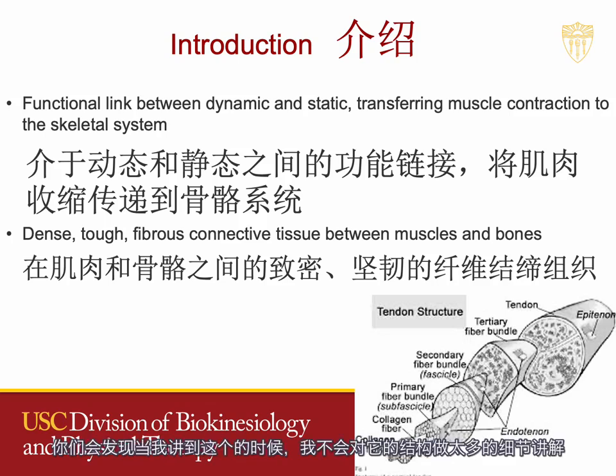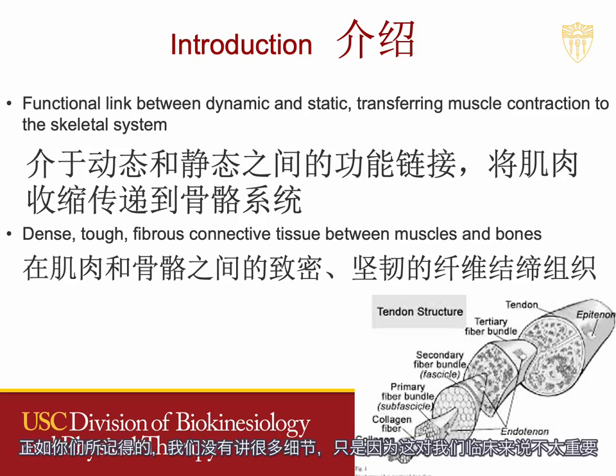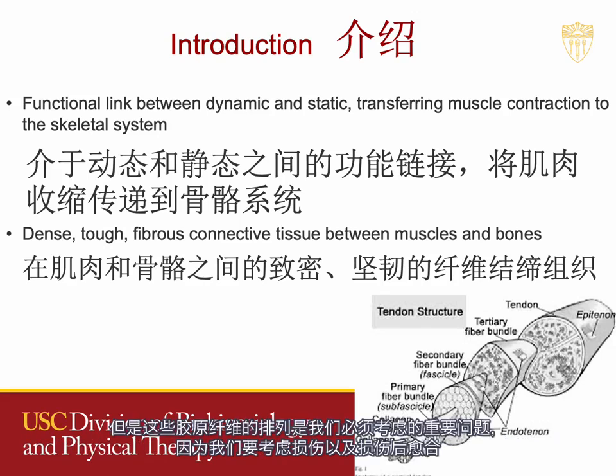I'm not going to go into a lot of detail on the structure, just because it's not incredibly important for us clinically. But you have these collagen fibers that line up. And that alignment of those fibers is really what's going to be important as we think about injury and then healing from an injury.